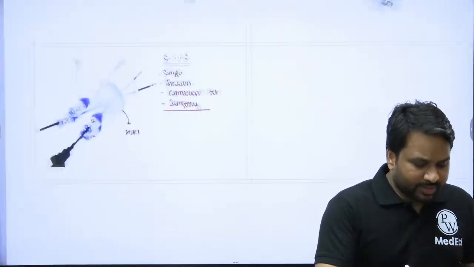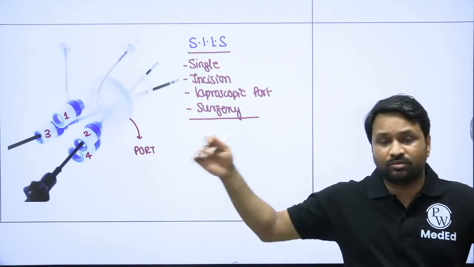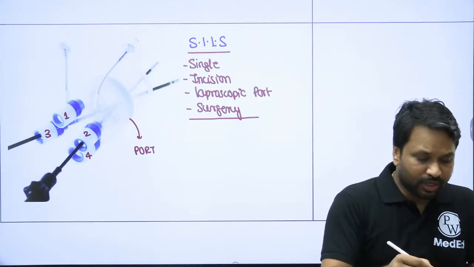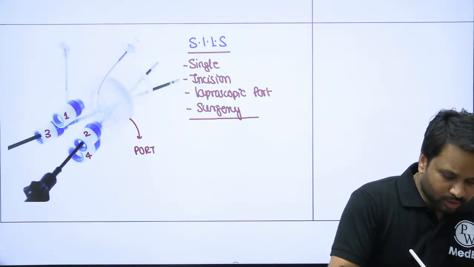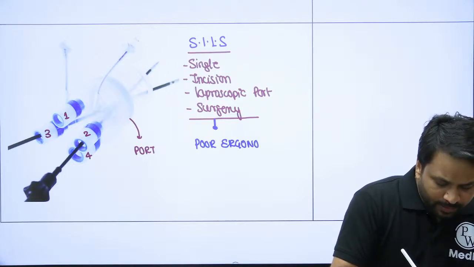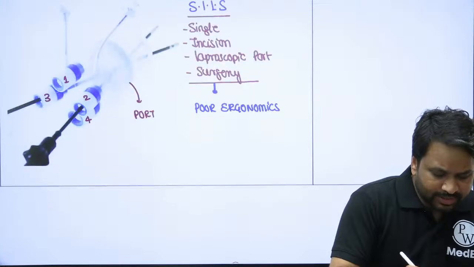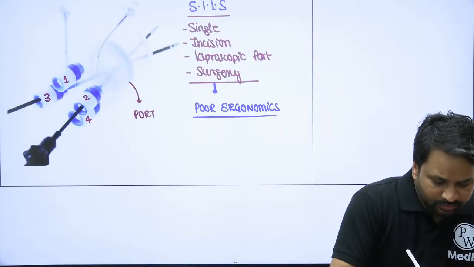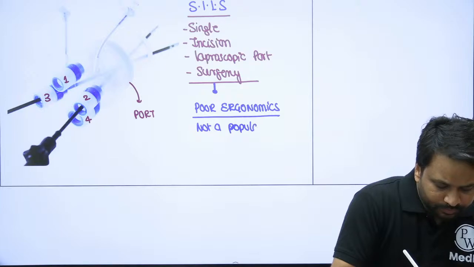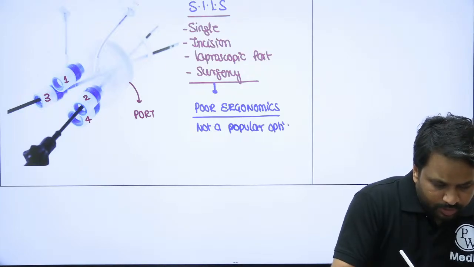The problem with the SILS is when you put all the 4 instruments from the same port, they will fight with each other. So it has got very poor ergonomics. Because of poor ergonomics, it is no longer preferred. So it is not a popular option.